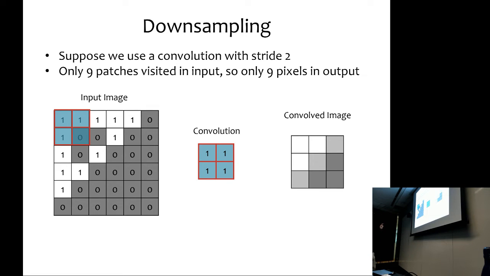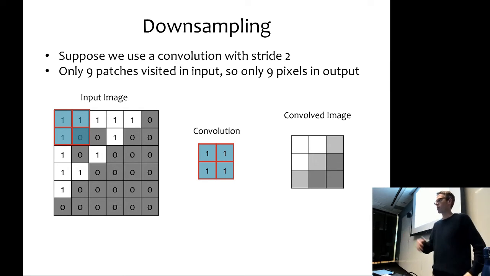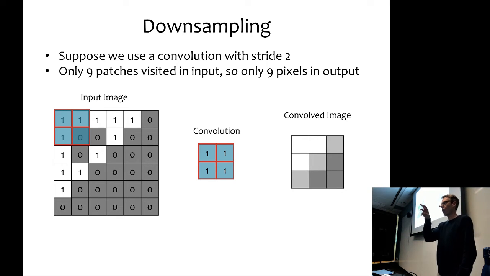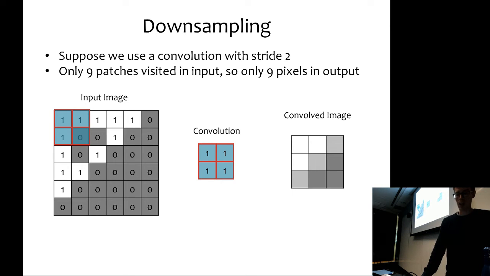Okay, so there are other tricks that you can play with convolution. One is downsampling. So far I've been using convolution with a stride of 1. That means that I move the convolution over 1 pixel at a time. But I could have used convolution with a stride of 2, where I shift the convolution 2 pixels at a time.